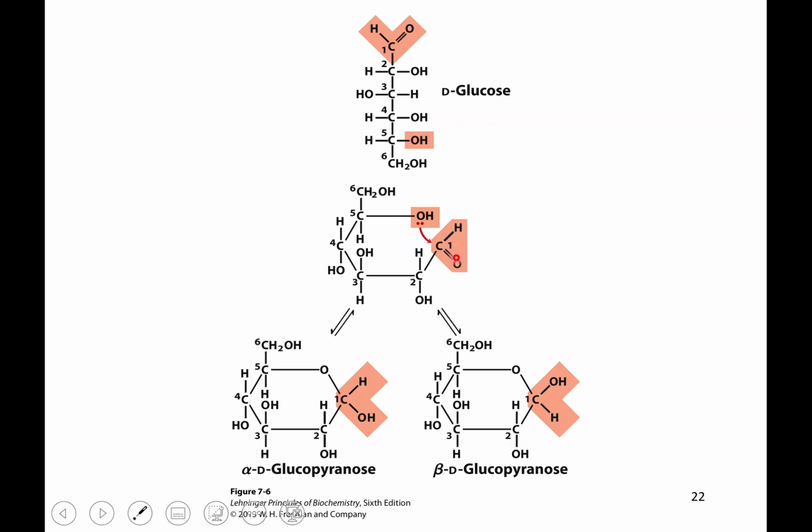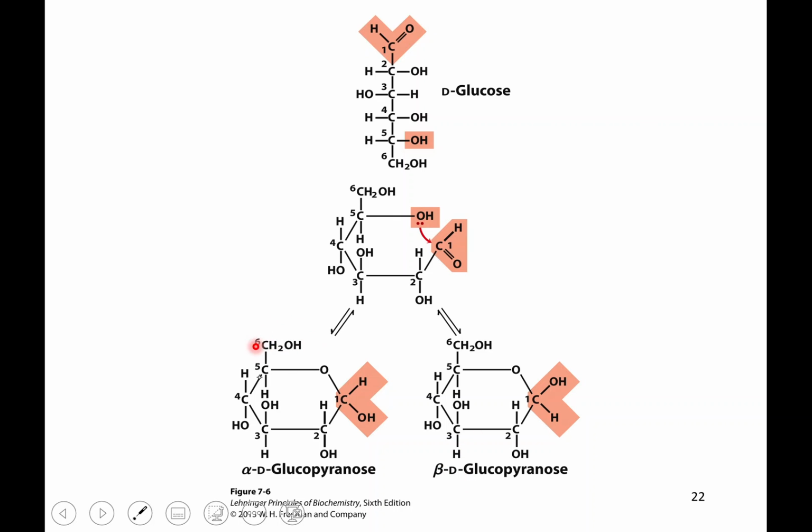This OH group that's formed can now either be above the plane of the ring or below the plane of the ring. If it goes above the plane of the ring, that's on the same side as our CH2OH group at carbon 6, right? You can think of it as kind of like a cis isomer. They're on the same side. That's what we determine as the beta anomer.